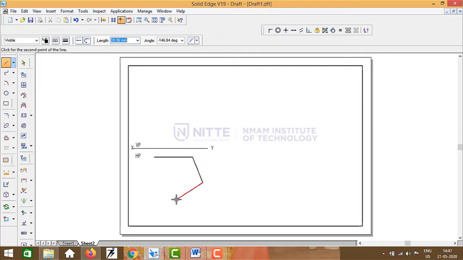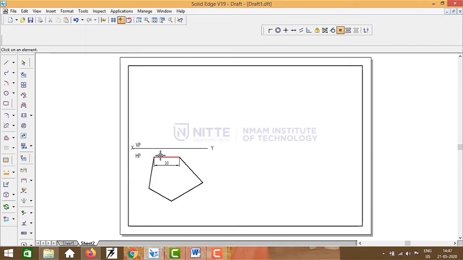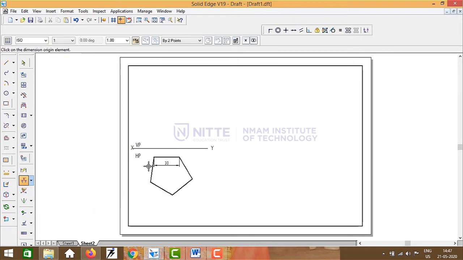So the remaining lines you draw randomly, then we can give the dimension and angle. So give the dimension 30 millimeter. All other edges make equal using the equal command. Give minimum 2 angles here for the pentagon.